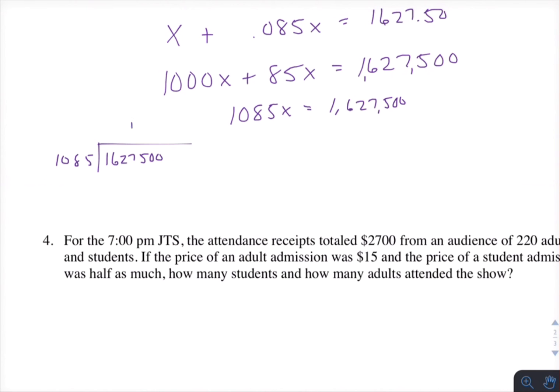Okay, 1 time there. So that is 2 and 54. Bring down the 5. And that's going to go in 5 times. 5, 2, 54.